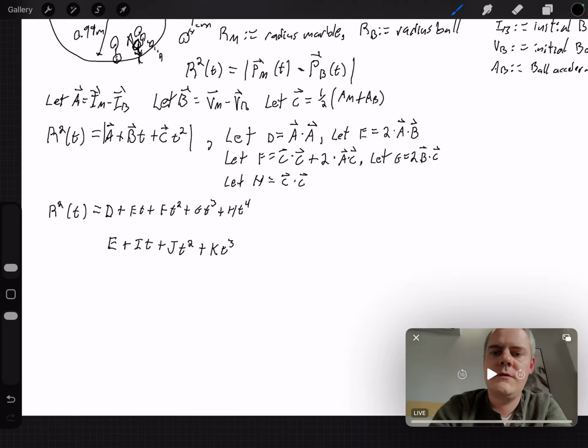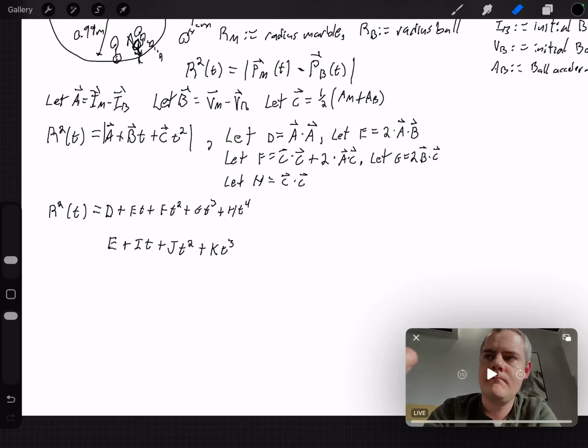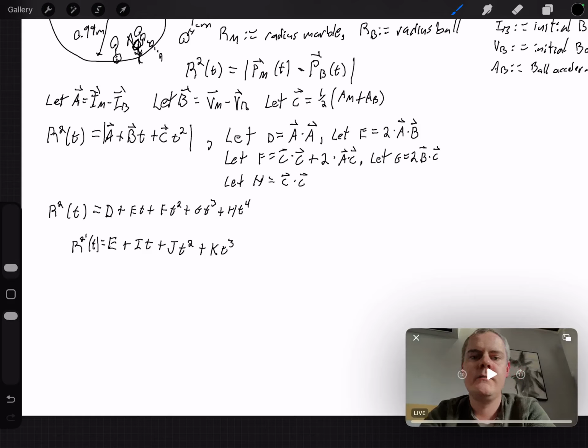So what do I call this? Let's not forget it's r squared. That's a big mistake. Can't forget this is r squared. If you forget that's r squared, you're toast.